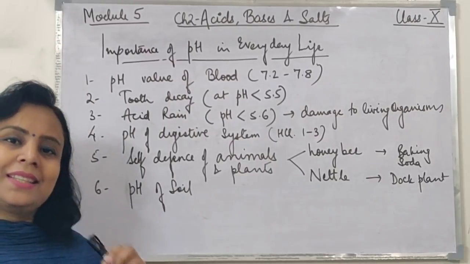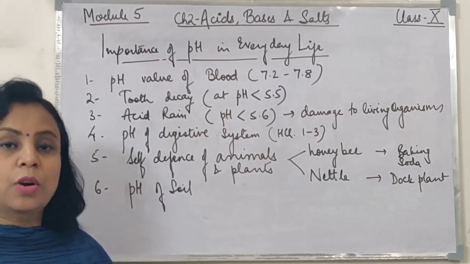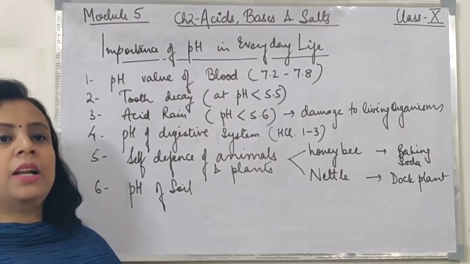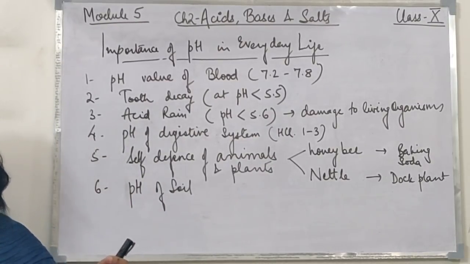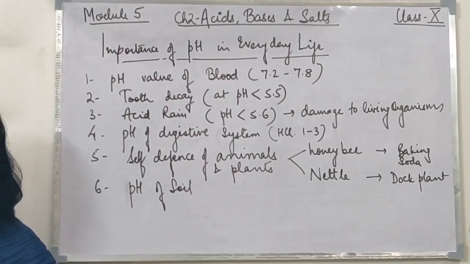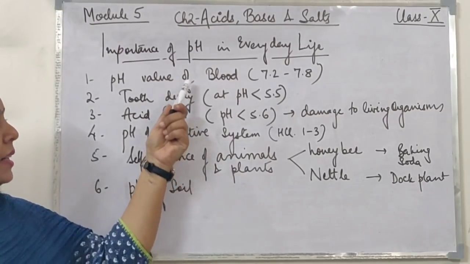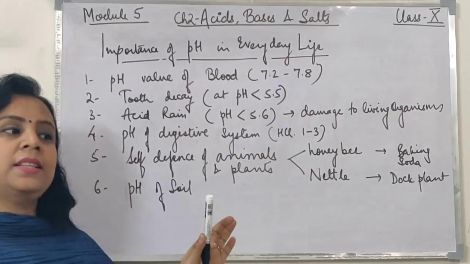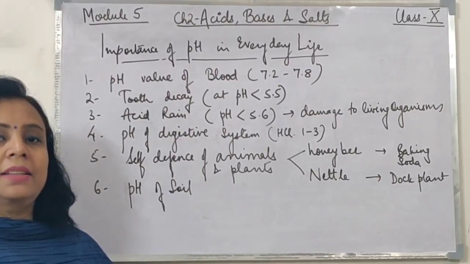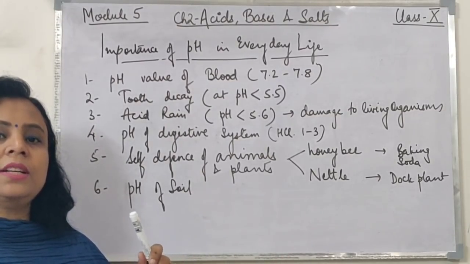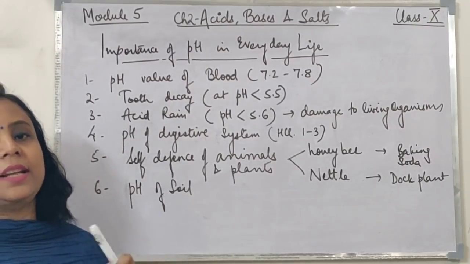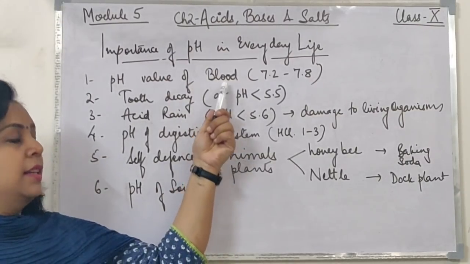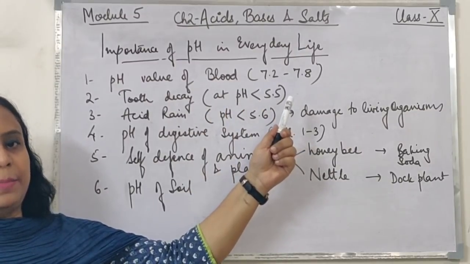Now if there is a slight change in pH, what will happen? There will be a lot of problems related to various biochemical processes and the systems will get disturbed. So that is the reason it is always advised that whenever you are taking any medicines, you should do it with the precaution of the doctor's prescription, and you should take necessary precautions because medicines can disturb the pH.